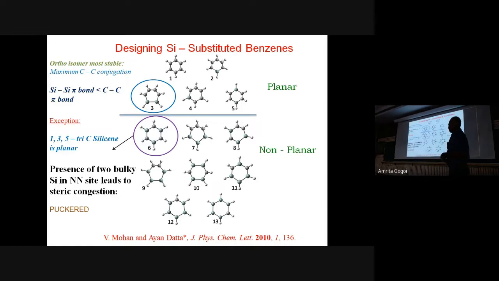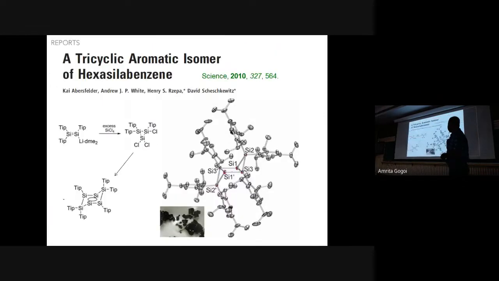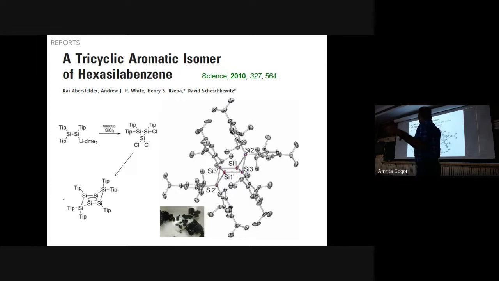Interestingly, after our publication, there was an article by Sekiguchi's group in which they found hexasilabenzene, and that hexasilabenzene was puckered. Of course, what was the problem? You have very big bulky groups here. You need bulky groups, otherwise this molecule will be oxidized. But calculations without the bulk also said that the molecule is puckered.